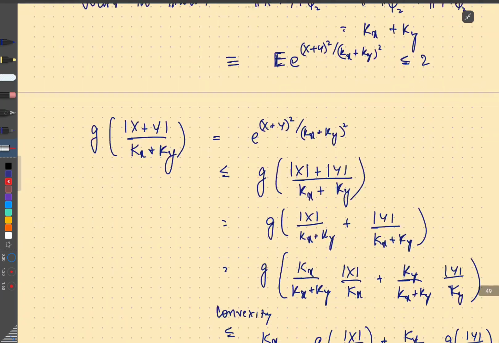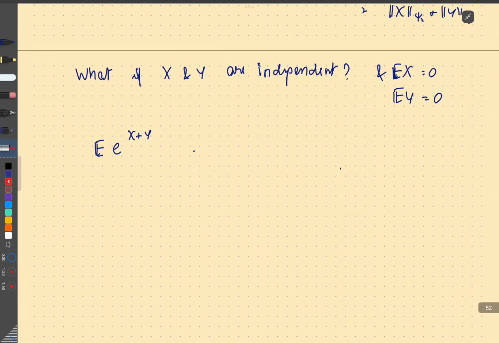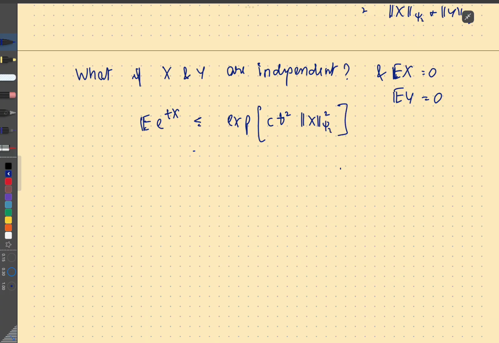Which means that if x and y are independent and Subgaussian, then the expectation of e to the t times x is less than or equal to e to the t square times some universal constant times the Subgaussian norm squared of x, and the expectation of e to the t times y is less than or equal to e to the constant times t square times the Subgaussian norm squared of y.